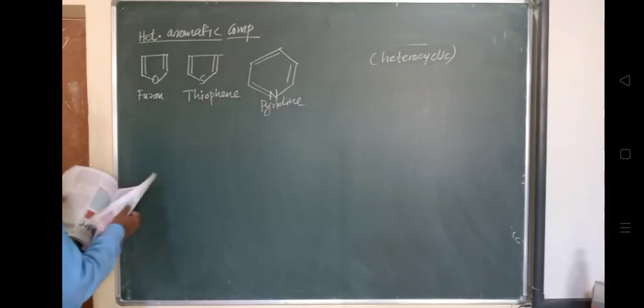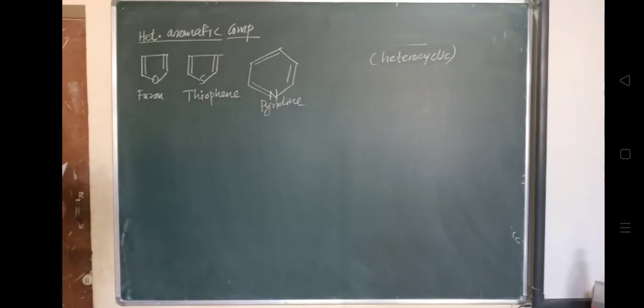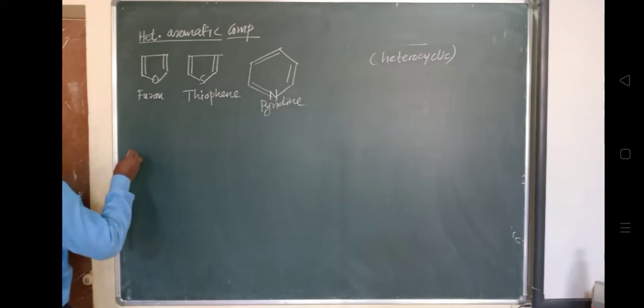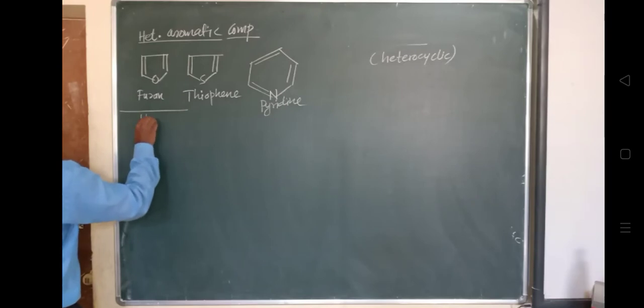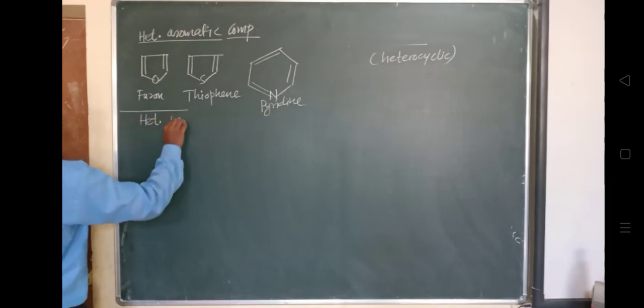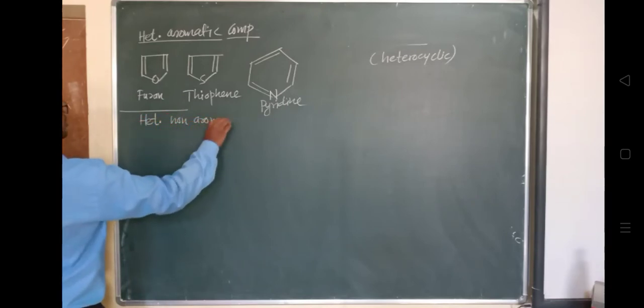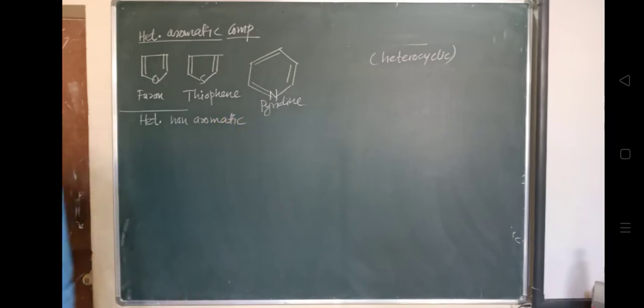So this is called heterocyclic aromatic, and another one is heterocyclic non-aromatic, heterocyclic but non-aromatic. Aromatic compounds consist of a conjugated planar ring system accompanied by delocalized pi electrons.